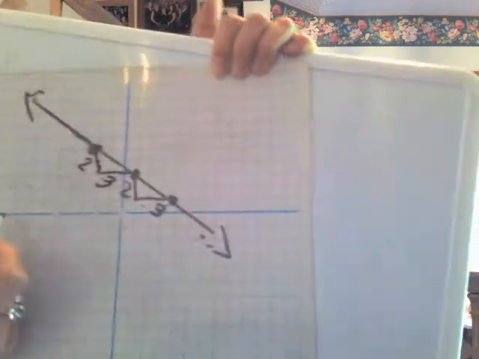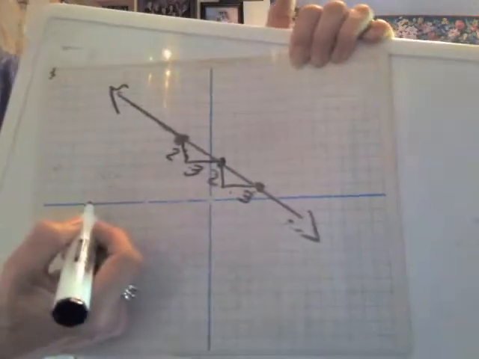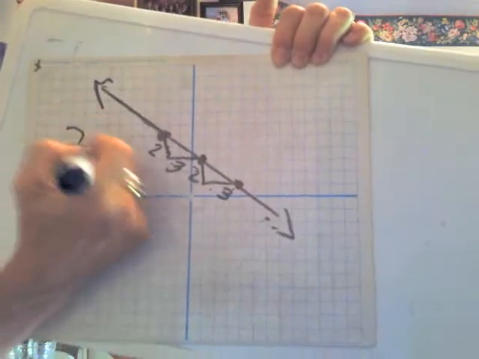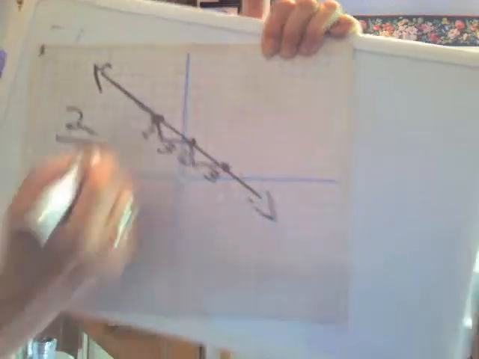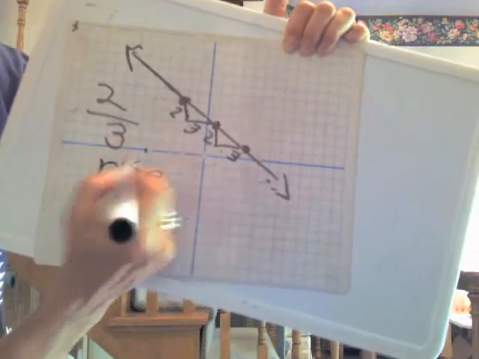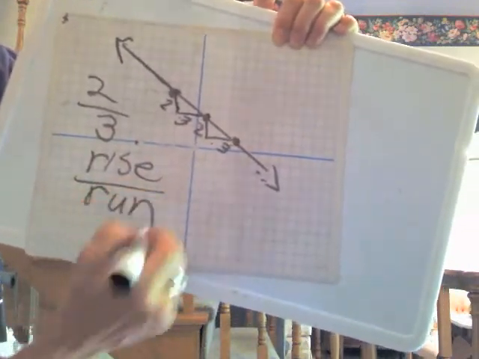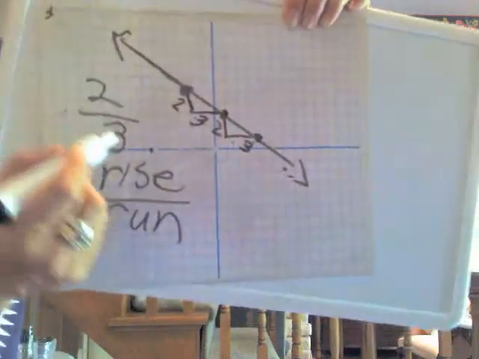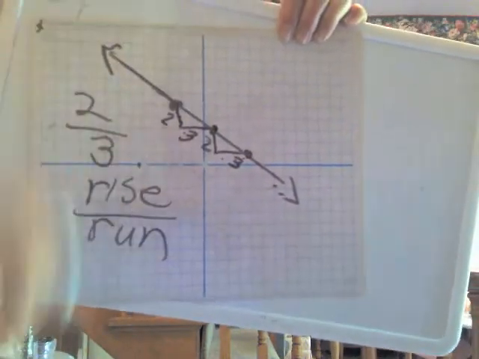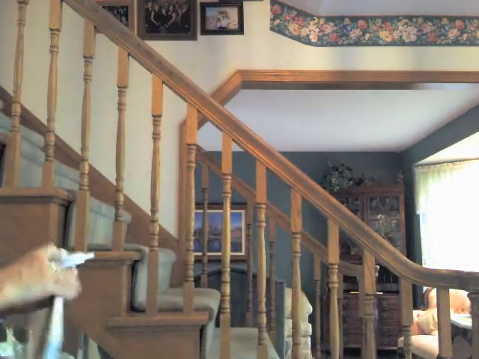So it's in the perfect order for you. You have the rise on top, 2 over 3. Rise over run. And the way I remember that is I want the rise to be on top so that I can sail away.